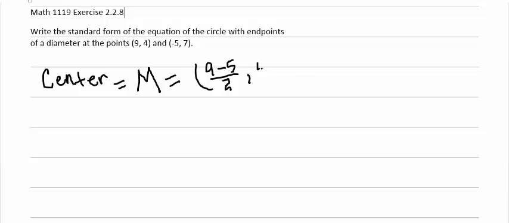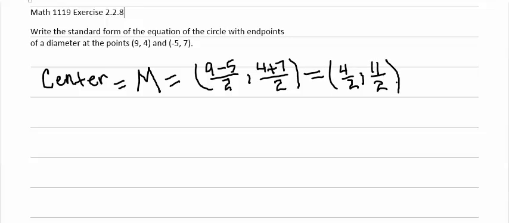And then I'm adding the y coordinates together and dividing that sum by 2. So I get 4 divided by 2, 11 over 2, which is 2, 11 halves.